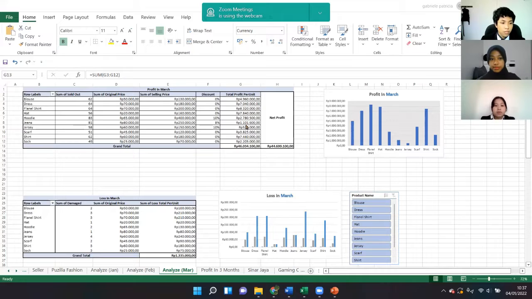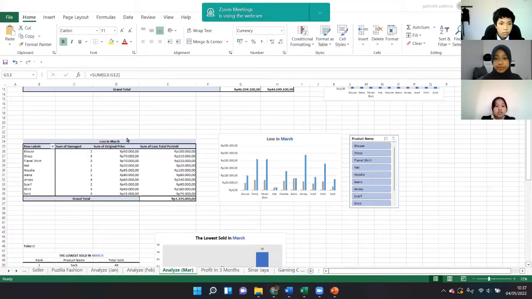And the total profit per unit is 46 million 34,100 rupiah. And this is what the pivot chart looks like. The highest profit is the flannel shirt.